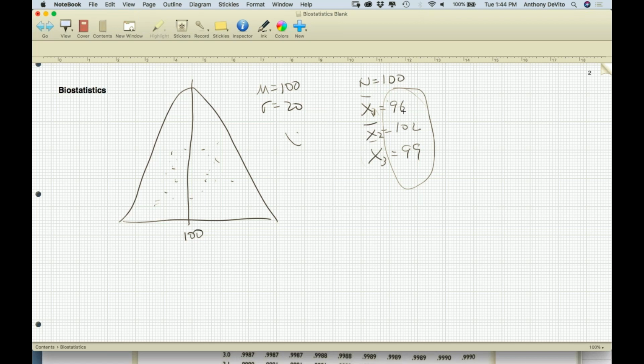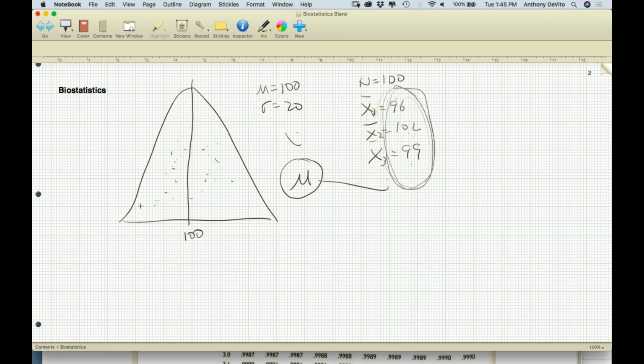If I take the average of all of these sample means, that's going to equal my population mean, because half the time I'll randomly get a number below and half the time a number above, because it's a normal distribution. It's symmetrical.